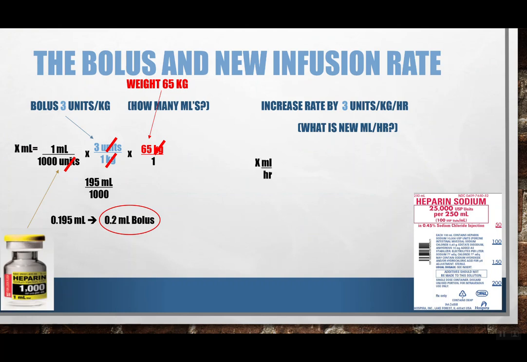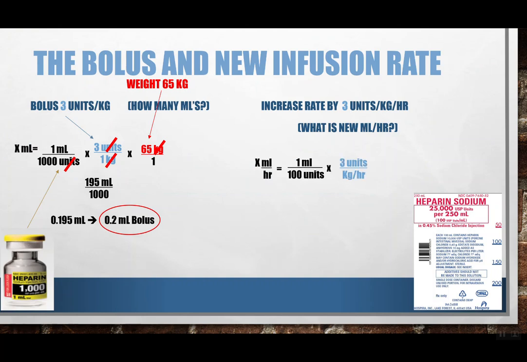And then we want to increase the infusion rate, which is the new mils per hour, which the question is 3 units per kilogram per hour. So I need to look for the mils per hour. So where do I pull that information from? I have 1 mil, which is 100 units, which again I left on the bottom right for you to be able to see what I have. I need to cancel those units out because I want mils per hour.